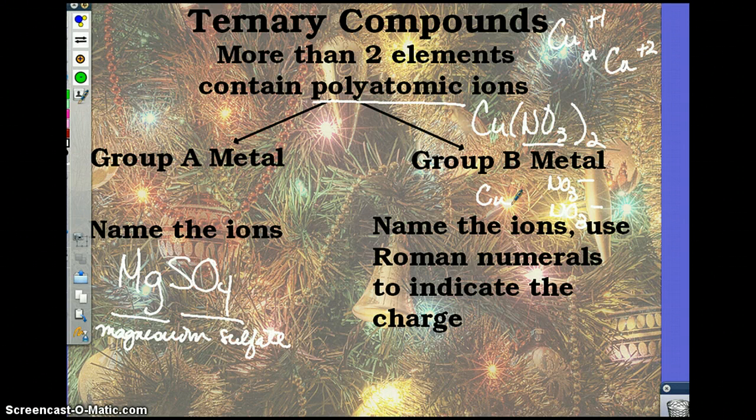Okay, so if I have 2 nitrates in there, then that means the total charge on the nitrates is a -2, which means the total charge on the copper has to be a +2. So we would write the name of that compound out as copper(II) nitrate.